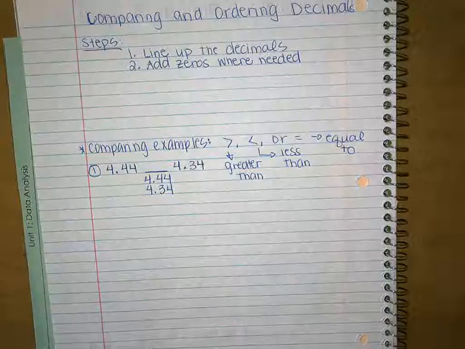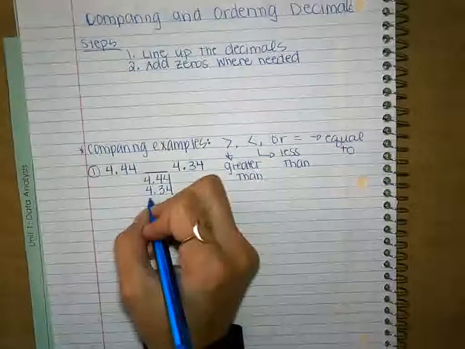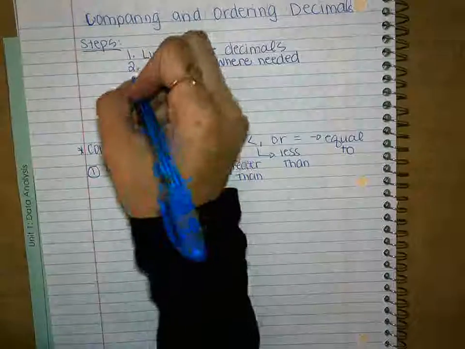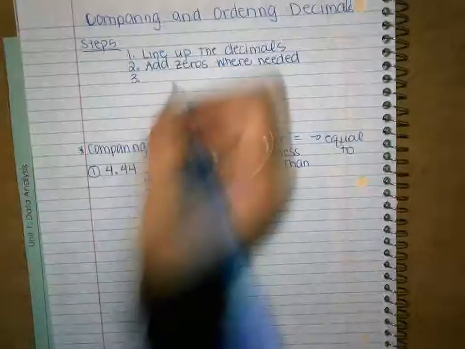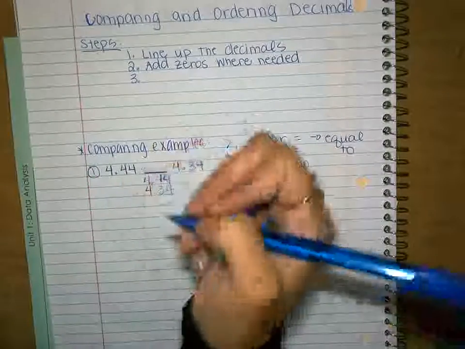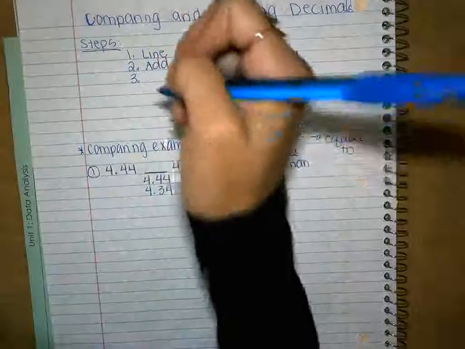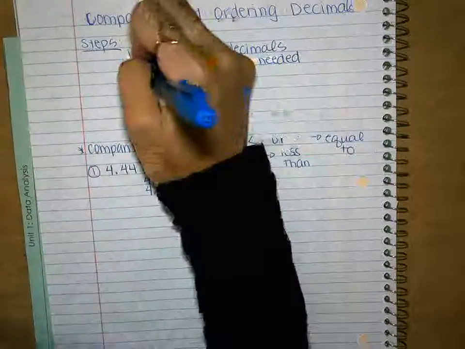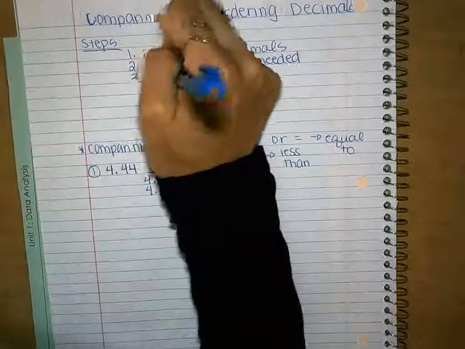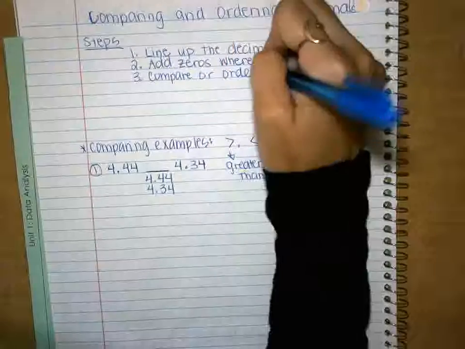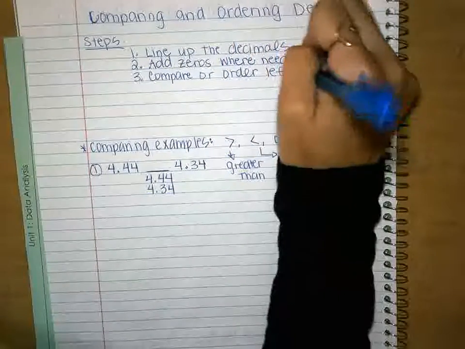So when I compare, I just need to look. I always go left to right. So let's write down number 3: do you want to compare or order, left to right?